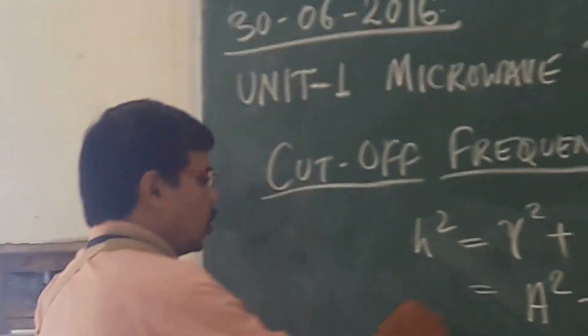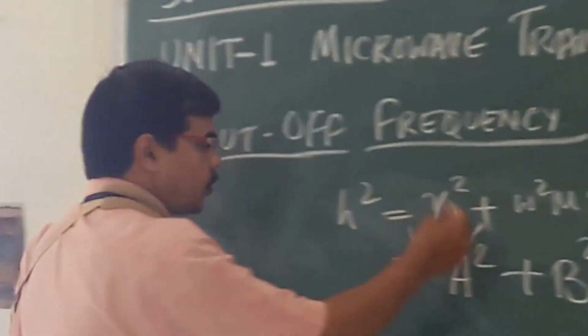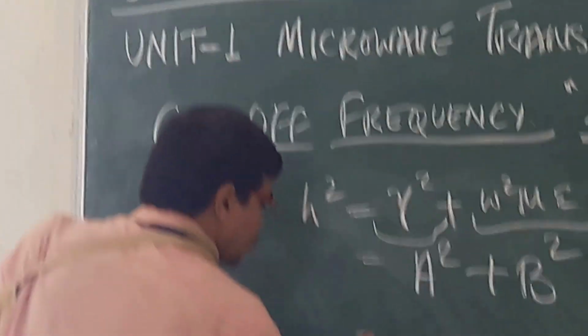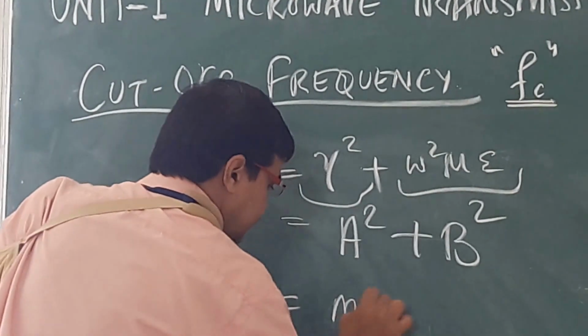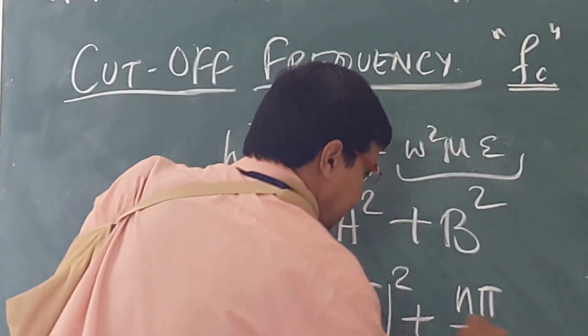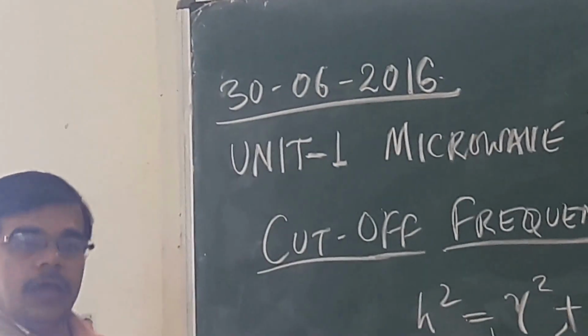Okay, this is equal to A plus B. So this propagation constant, let us assume that it is your A square, and this parameter let us assume it is your B square. So this actually is your, say, m pi by a whole square plus n pi by b whole square. Okay.